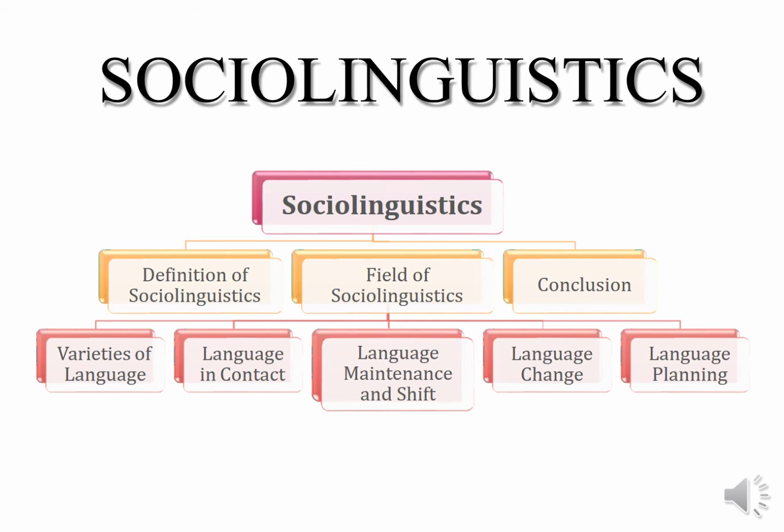These are the major parts of sociolinguistics that we have in different lectures. So first, in today's lecture, we just introduce sociolinguistics and some of its aspects, like what sociolinguistics is and what its most prominent features are.